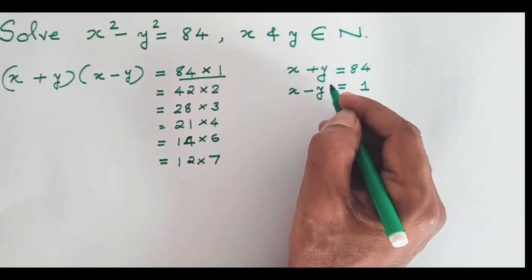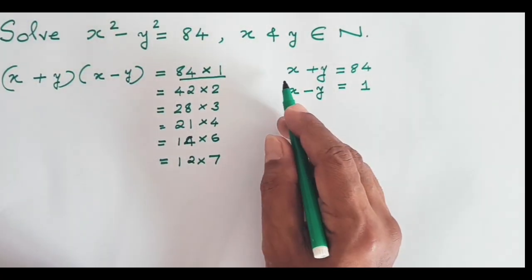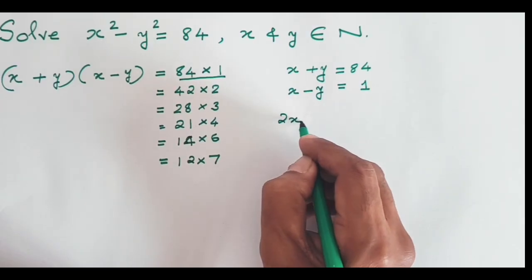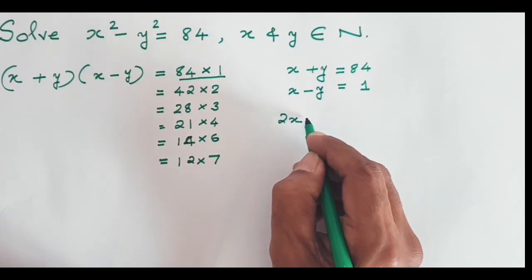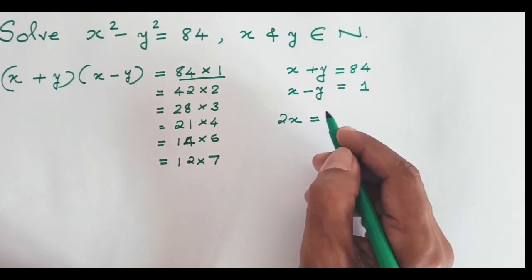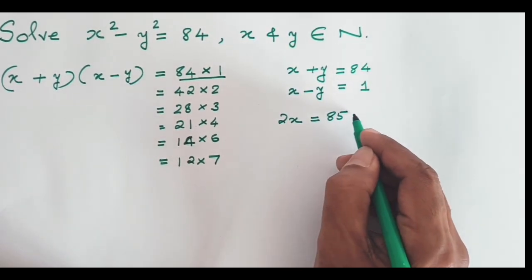Now let's solve these two simple equations. How do you solve them? Just add these two. Adding, what do you get? x plus x, 2x. Plus y minus y, 0, that goes off. And the right side, 84 plus 1, 85.